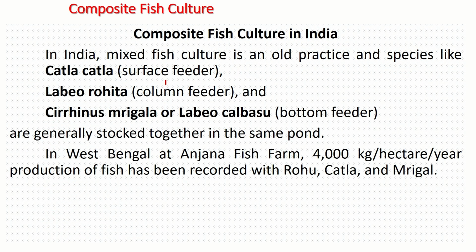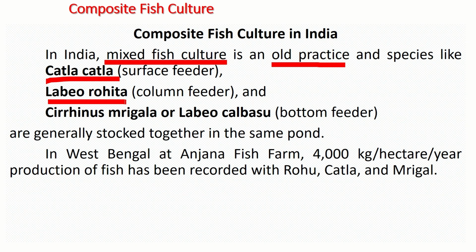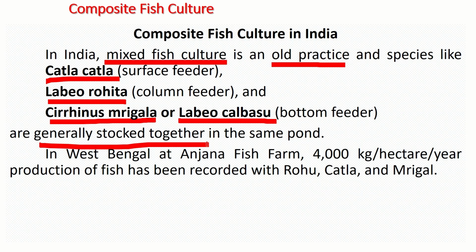Mixed farming involves rational manuring and fertilization of the pond as well as feeding the fish with supplementary food consisting of oil cakes, groundnut cake, rice bran, wheat bran, etc. In India, mixed fish culture is an old practice, and species like Catla, which is a surface feeder, Labeo rohita, a column feeder, Cirrhinus mrigala or Labeo calbasu, which are bottom feeders, are generally stocked together in the same pond.